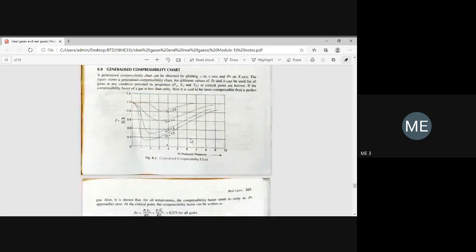First we have to find the compressibility factor, using the compressibility chart. Before that, I'll explain what is meant by a compressibility chart. What you are seeing on the screen is called a compressibility chart. We should know a minimum of two values. On the y-axis we have the compressibility factor Z, which is the deviation of real gas from ideal gas.